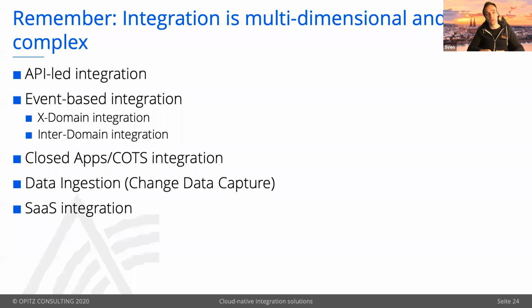Here we have to deal with cross-domain integrations and also inter-domain integrations, where we can differentiate and where we have also different requirements. And so we can also implement those requirements in a different way.